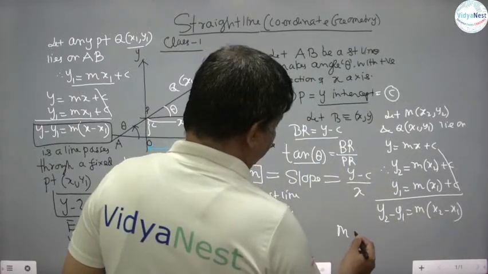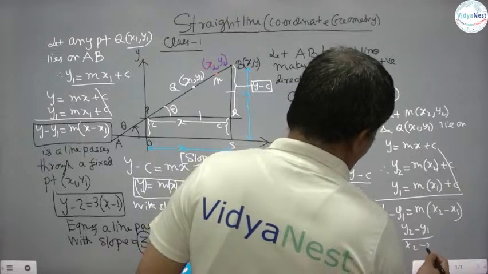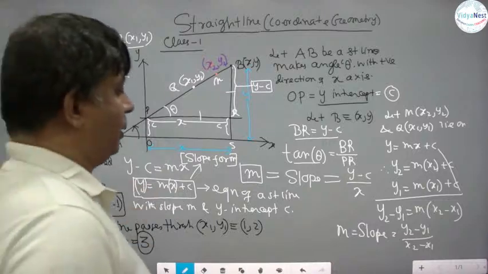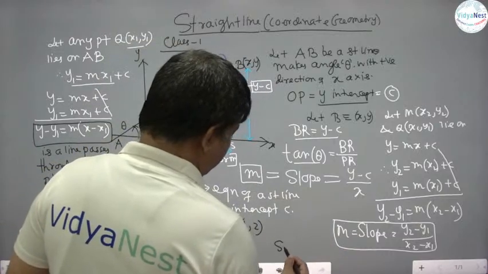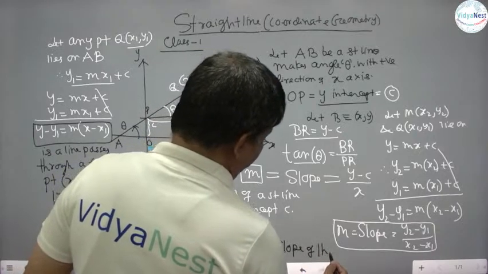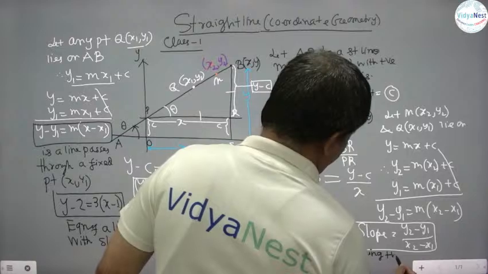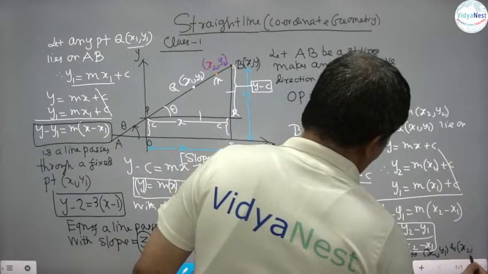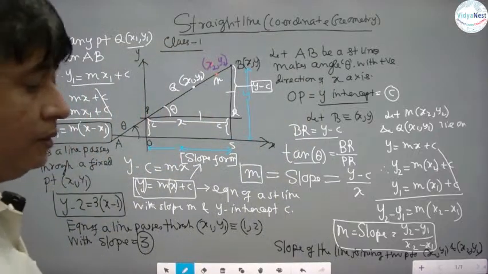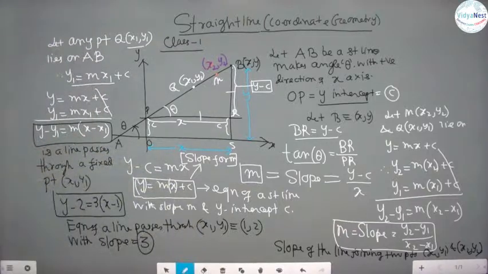So the slope of the line joining two points x1, y1 and x2, y2 is m.